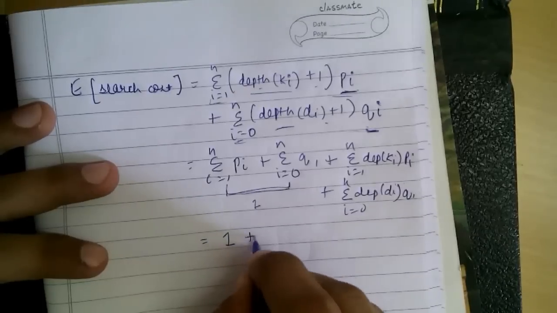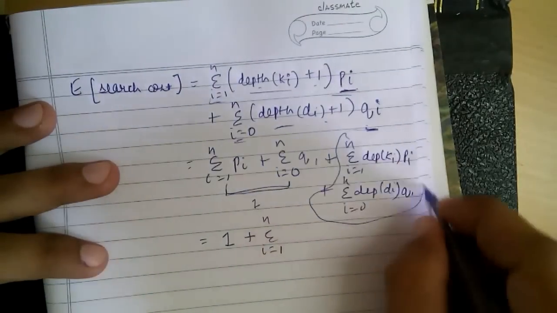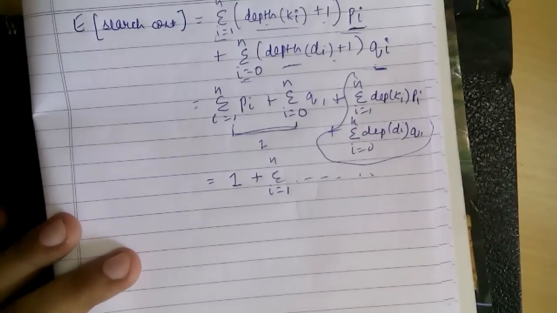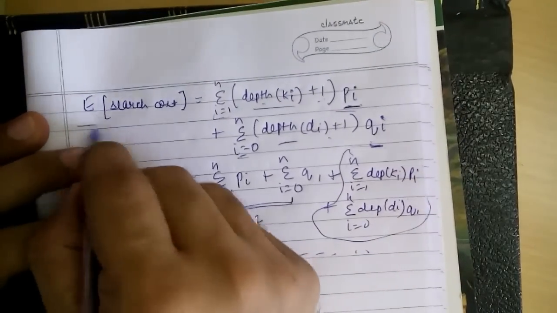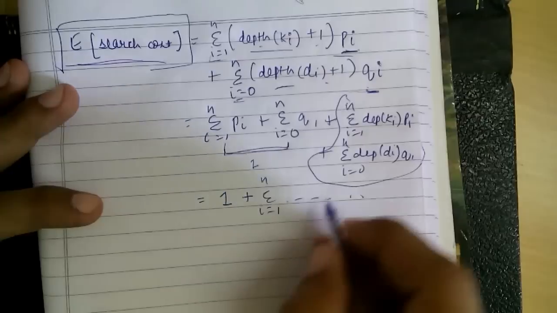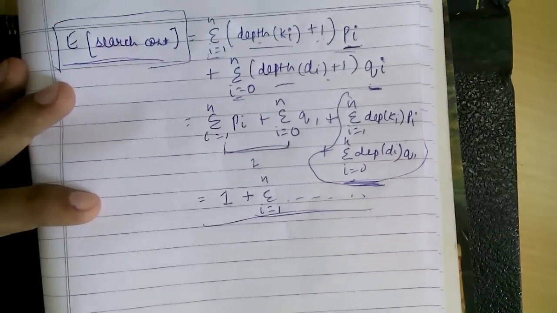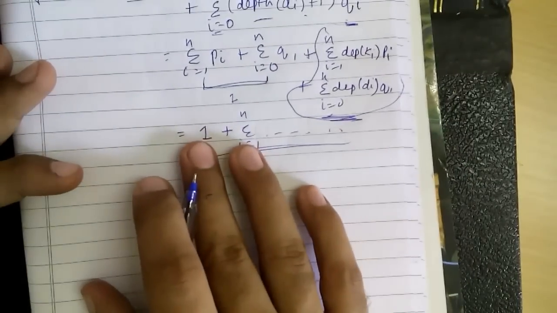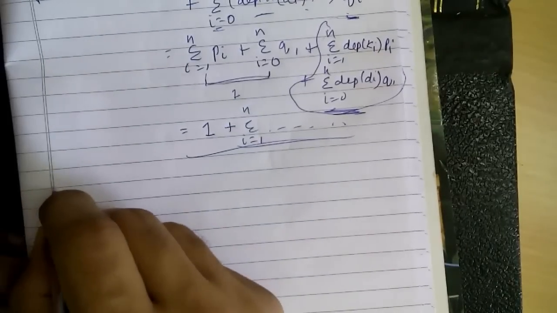So our final expression becomes 1 plus sigma from 1 to n, this whole thing. Our job in this problem is to minimize this search cost, which equals this expression. Before going on and moving to the steps of dynamic programming, I want you to note a few things.